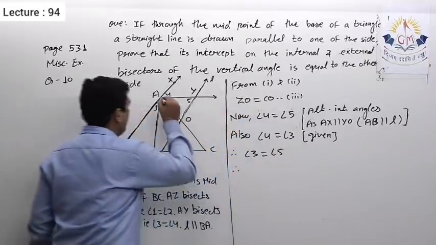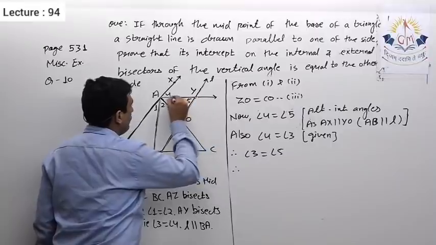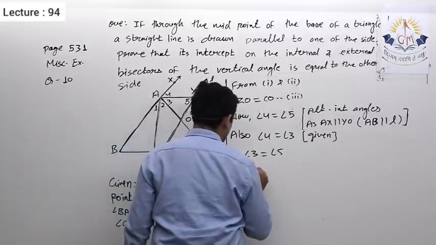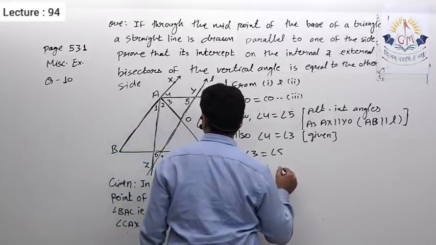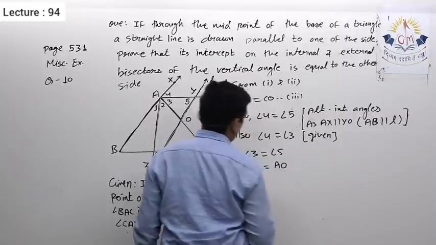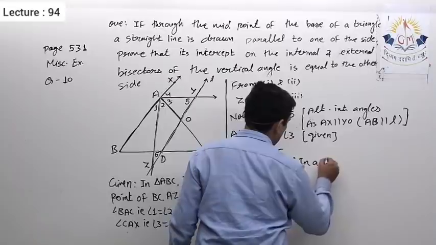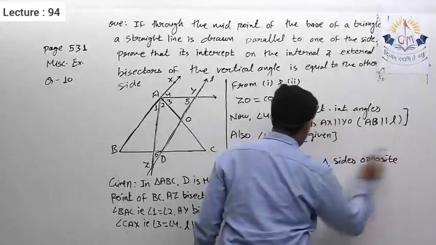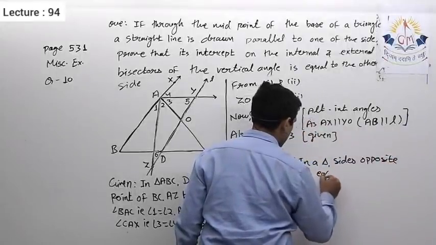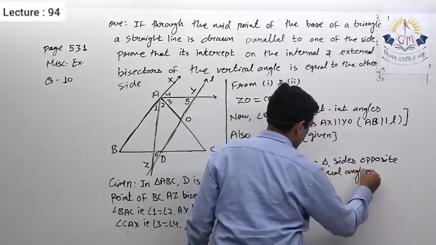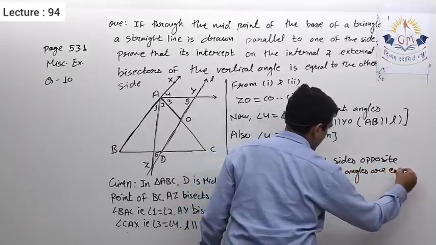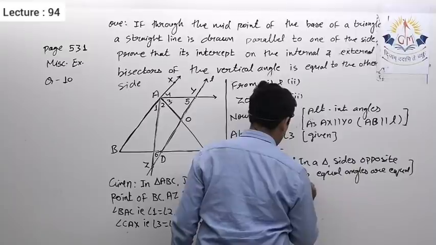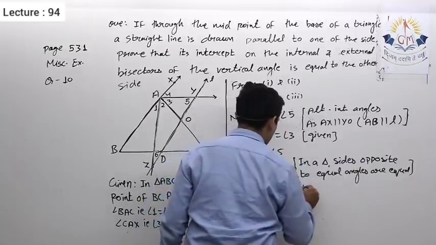As angle 3 equal to angle 5, in a triangle, if two angles are equal, opposite sides are equal. That gives me, therefore, YO is equal to AO. Reason: in a triangle, sides opposite to equal angles are equal. Let this be fourth.